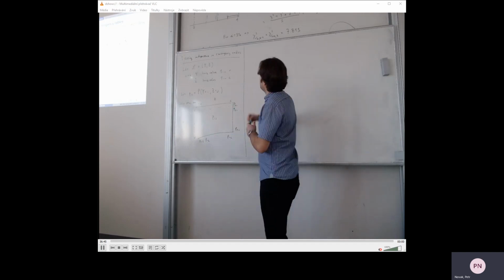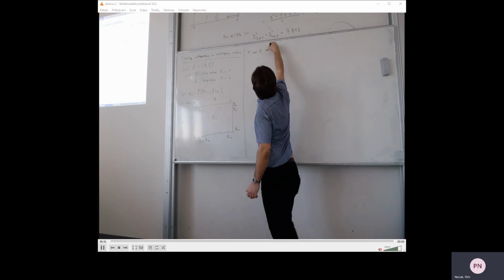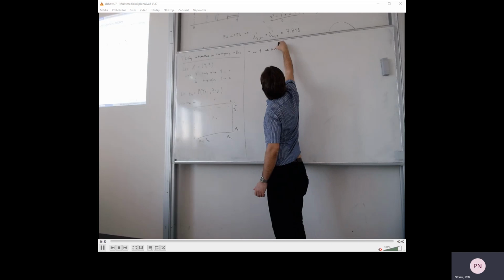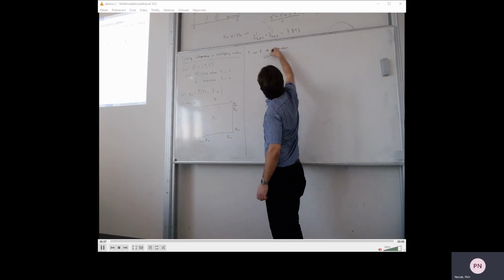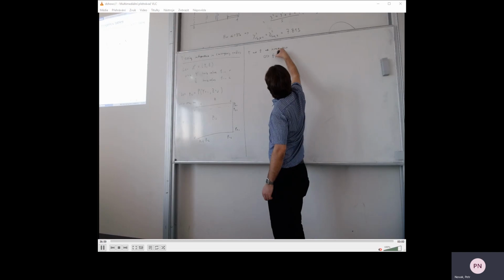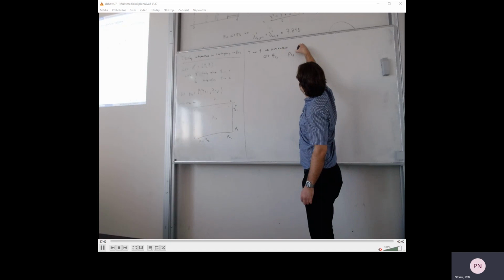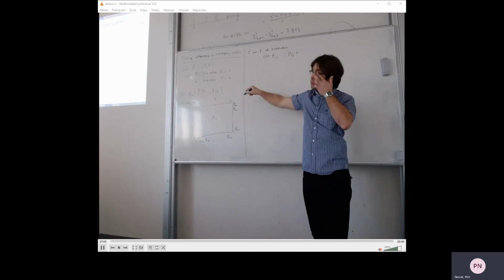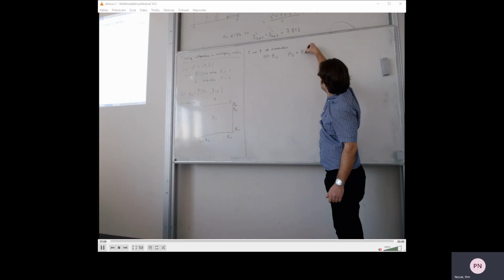So y and z are independent whenever, for all i's and j's, the joint probabilities are equal to the product of the marginals, in this case pi bullet times p bullet j.